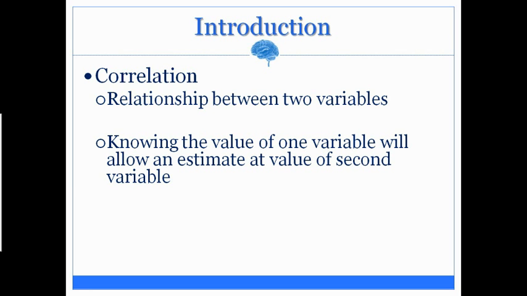Once you know a value of one variable, it will essentially allow you to estimate the value of a second variable. So once a correlation is established, you will be able to determine a value based on another value. That is the benefit of a correlation.